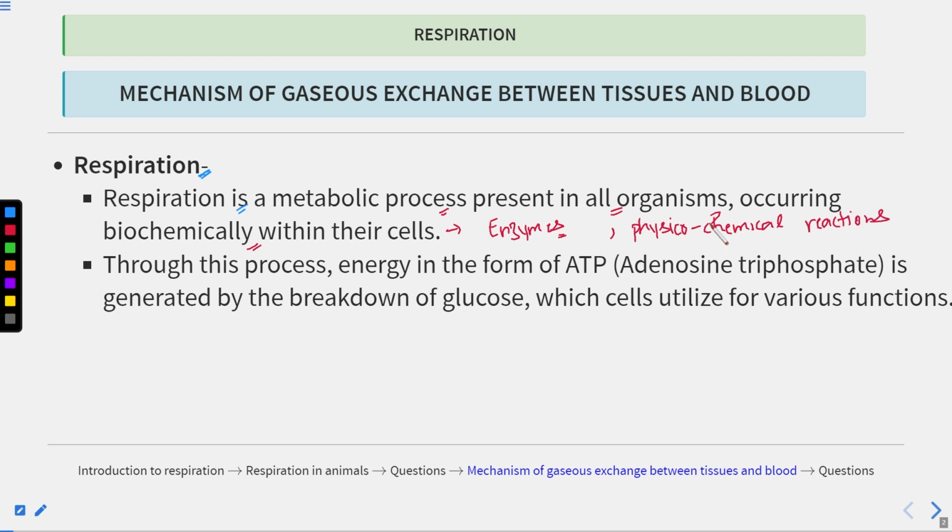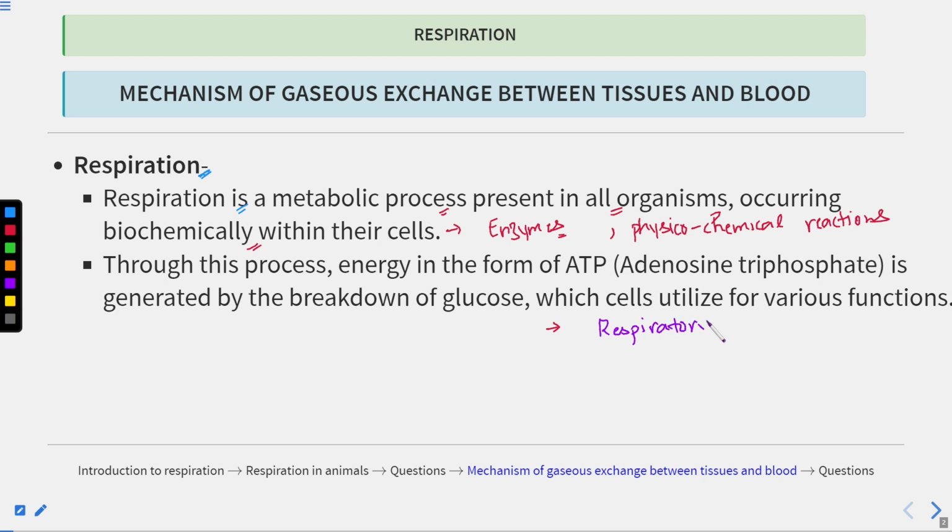Respiration is the oxidation of respiratory substrates such as carbohydrates, fats and proteins. We have already discussed the respiratory substrate. A respiratory substrate is a molecule or substance that is oxidized during respiration.